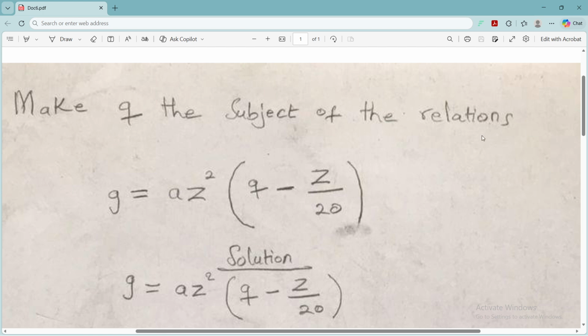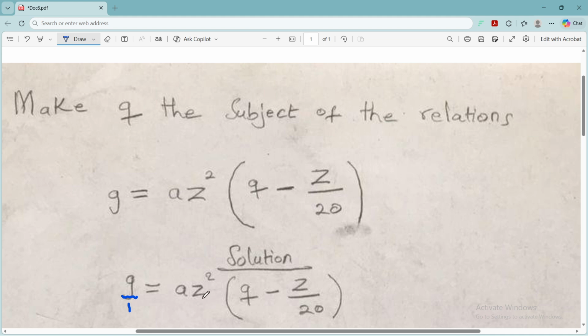If you could observe, J has an invisible 1, it's standing on its own, because every number is divisible by 1.